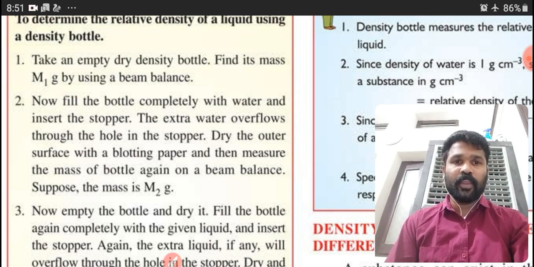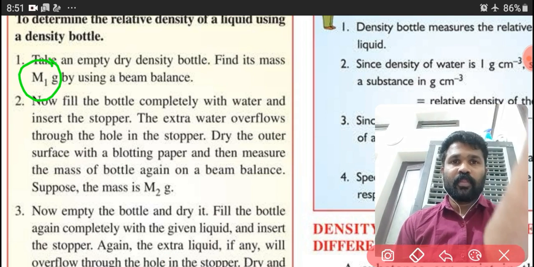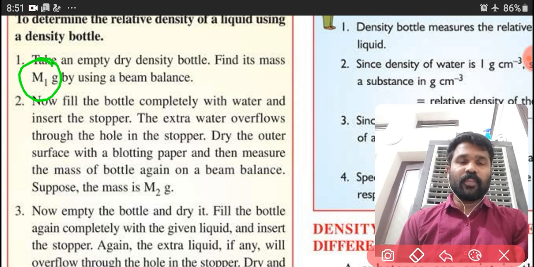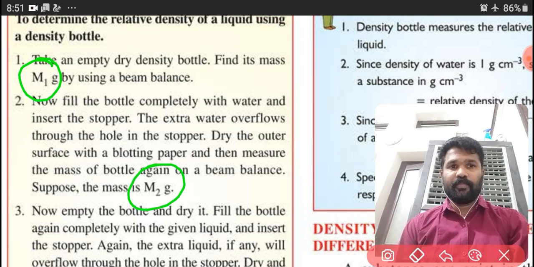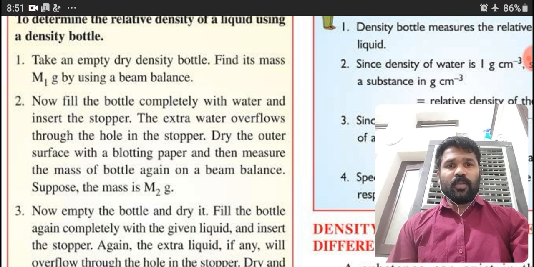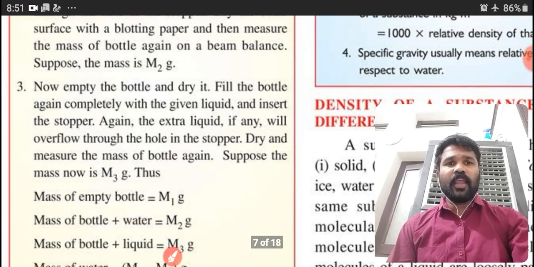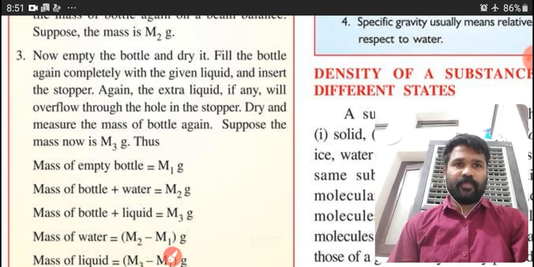First of all, we have already weighed the empty bottle without water. The mass is m1 gram, and later we have filled the water in it and again weigh it, and we will get the mass m2 gram. Now empty the bottle and dry it.